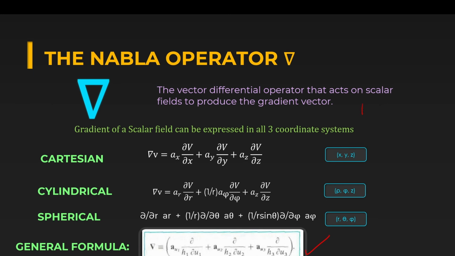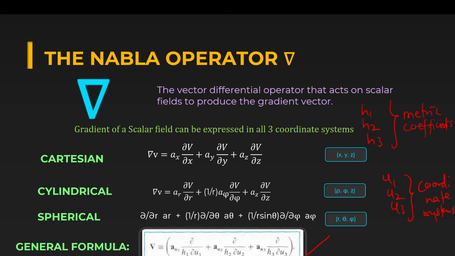Now, the h1, h2, h3 you are seeing here are referred to as the metric coefficients. The u1, u2, u3 you are seeing are the coordinate systems.